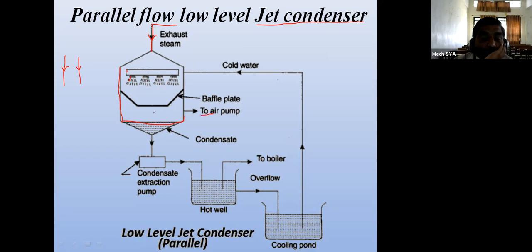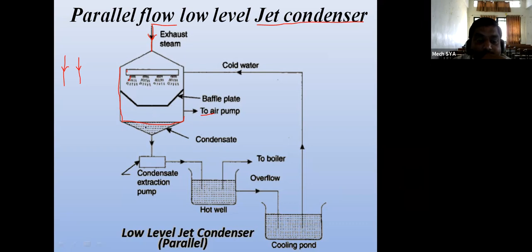Due to that, we can maintain the desired vacuum inside the condenser by removing the air. The cold water is sprayed on the exhaust steam, and the condensate collects inside the condenser.